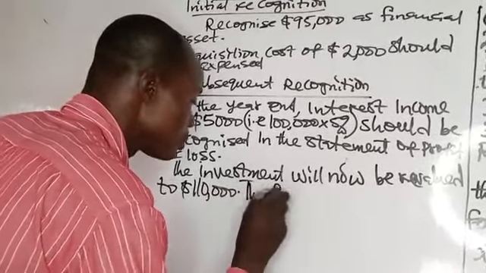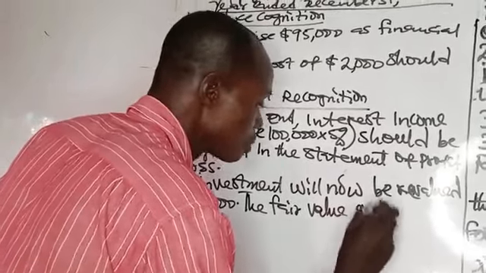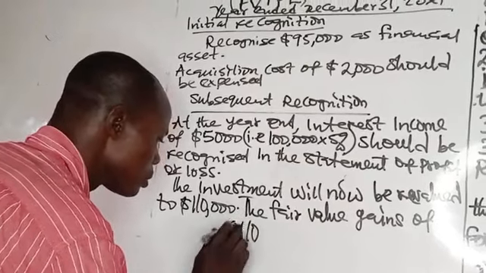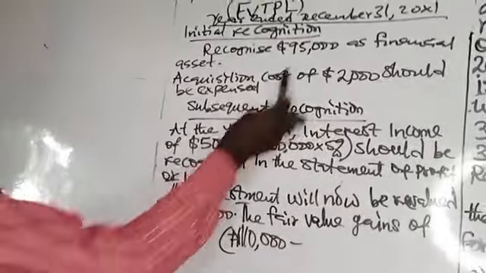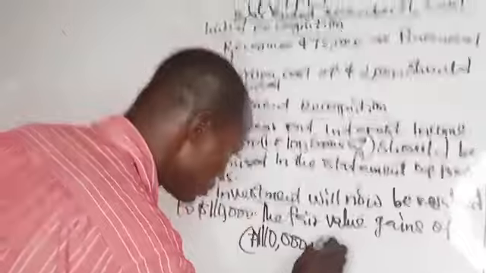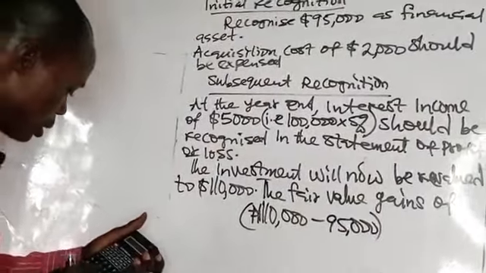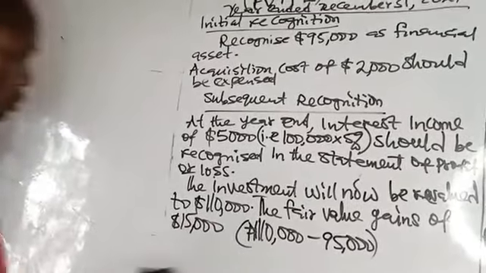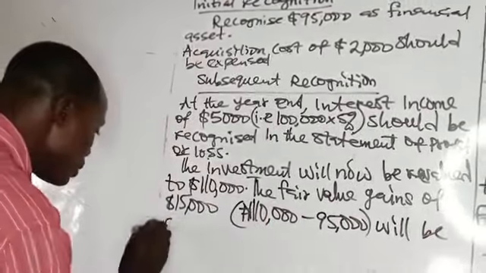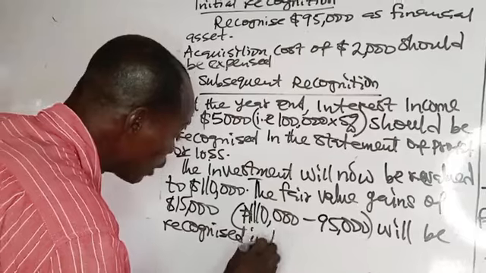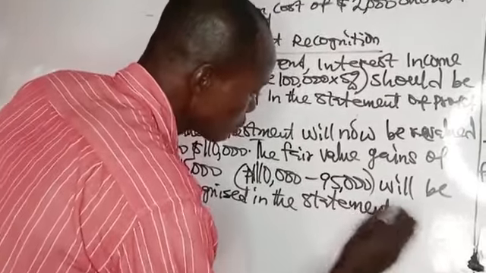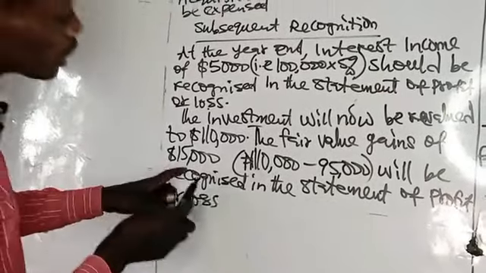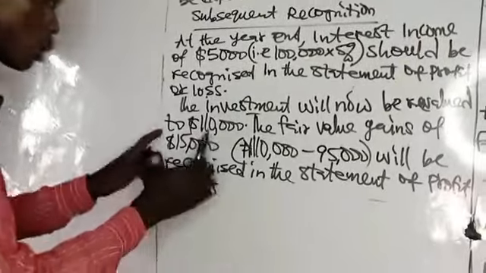The fair value gain is 110,000 minus the initial measurement of 95,000, a fair value gain of 15,000, which will be recognized in the statement of profit or loss, not OCI, because it is measured as fair value through profit or loss.